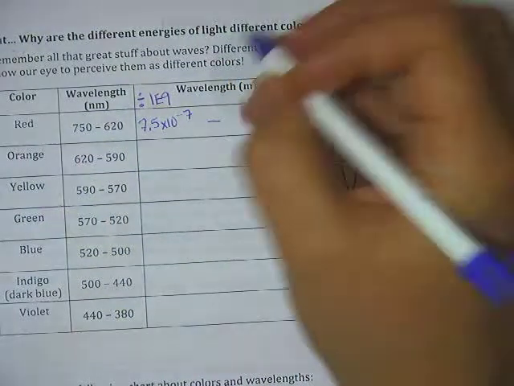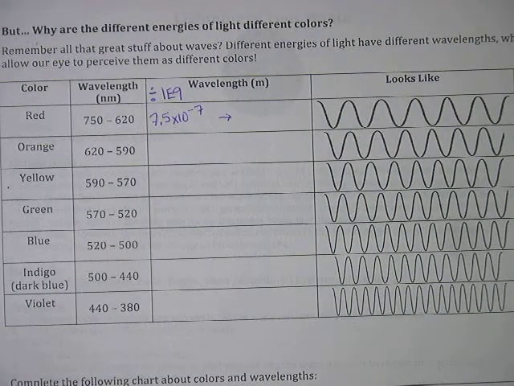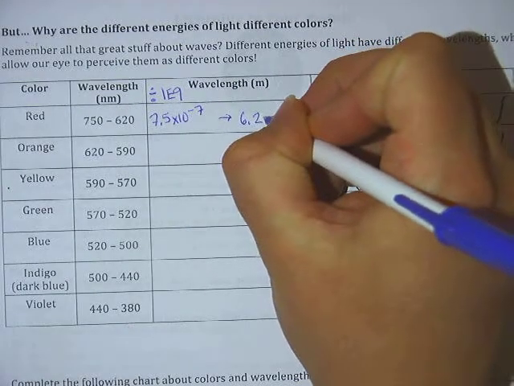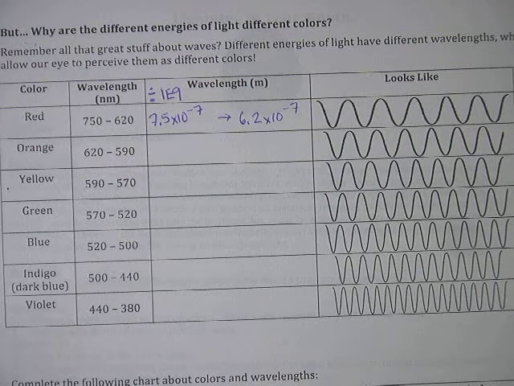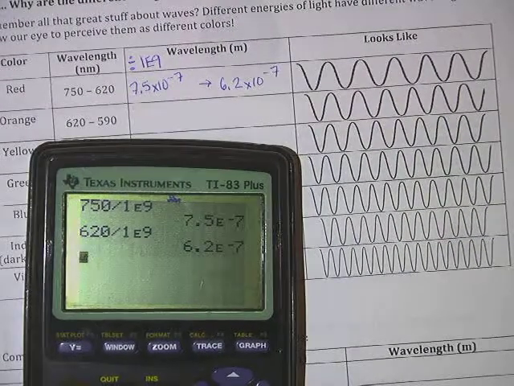And then it goes to 620 divided by 1e9. You get 6.2 times 10 to the negative 7. Please make sure that when you type it in your calculator, it looks like this. If it doesn't look like this, you are typing something wrong.